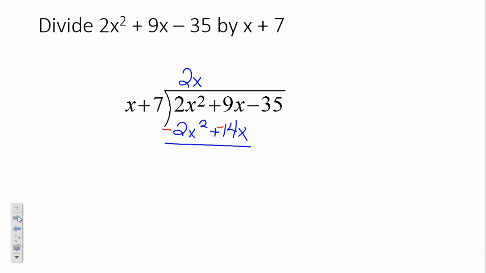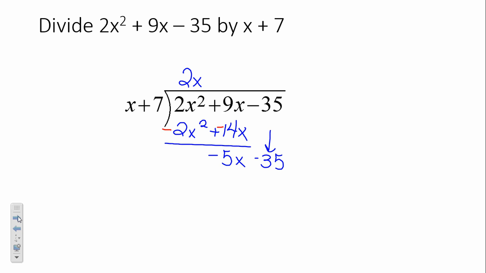So what are we going to get here? Positive or negative? So negative 5x. Good. Kobe, what's the next step? Drop the negative 35. Bring it on down.